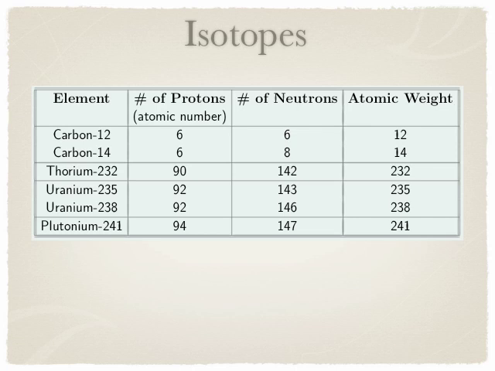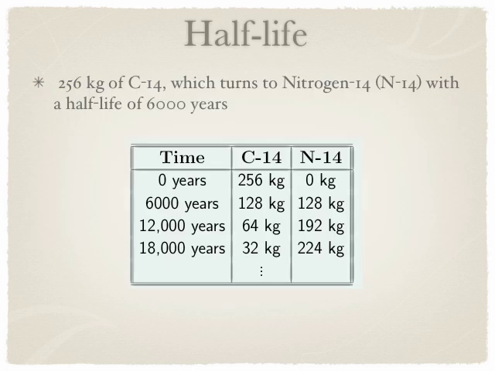So how can we tell the age of something using the properties of radioactive isotopes? Imagine that we had 256 kilograms of carbon-14, and we know that carbon-14 turns to nitrogen-14 with a half-life of 6,000 years. Now, it doesn't just wait 6,000 years and then lose half of it.